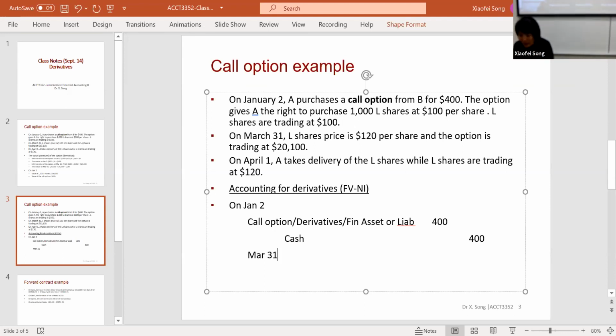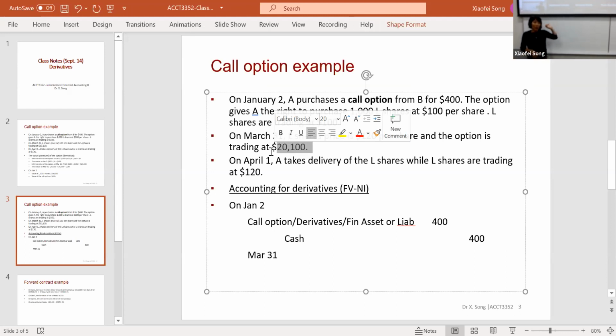So on that date, what happened is the share price increased to 220. That's background information. We don't need to directly use that. We do not have shares on our balance sheet. Keep that in mind. What we have is a call option. So what's more relevant is this amount.